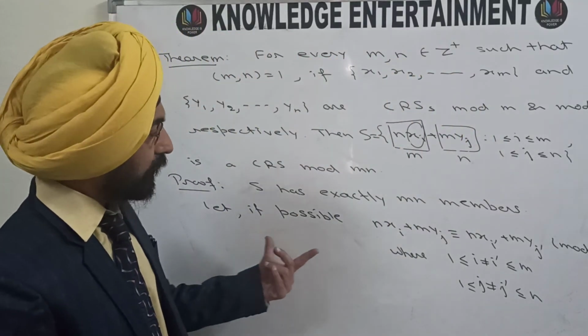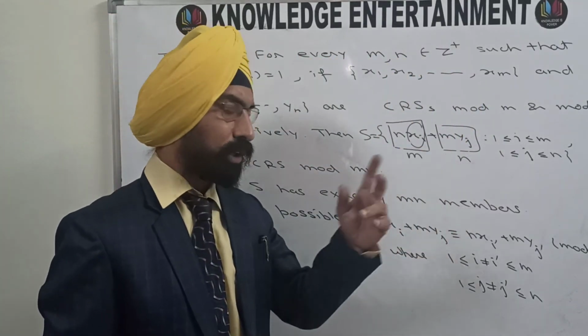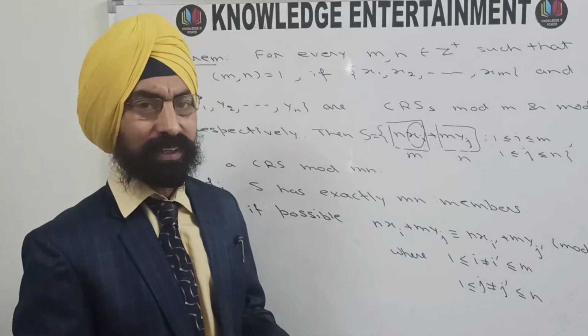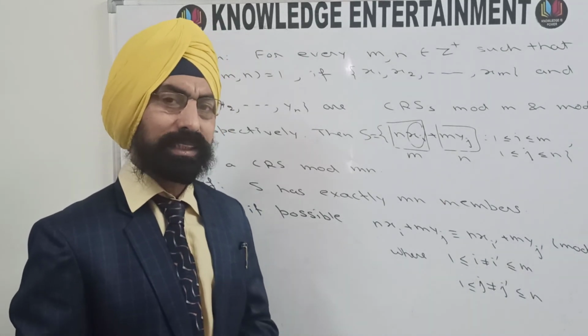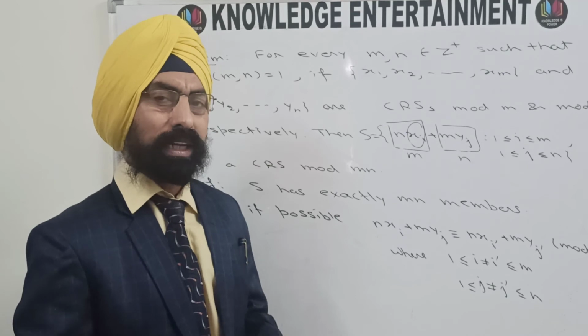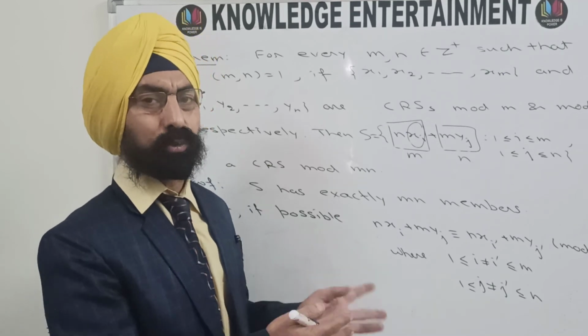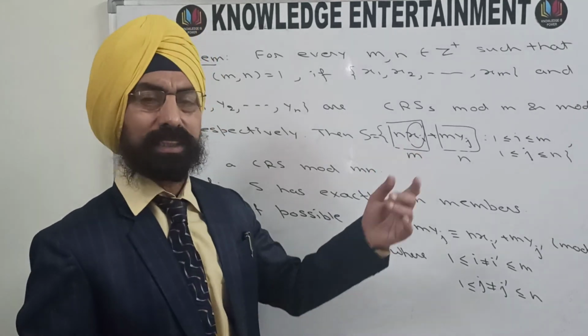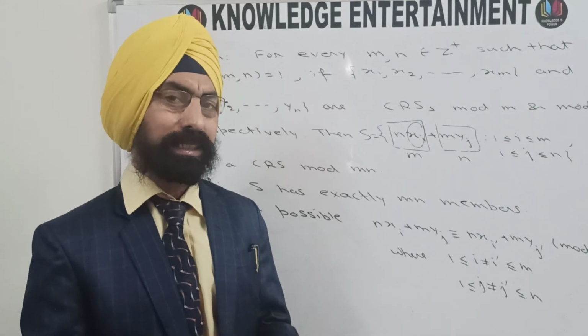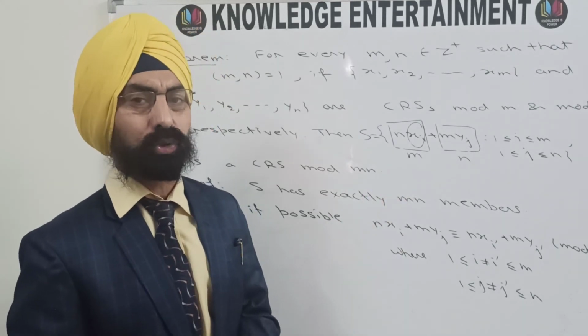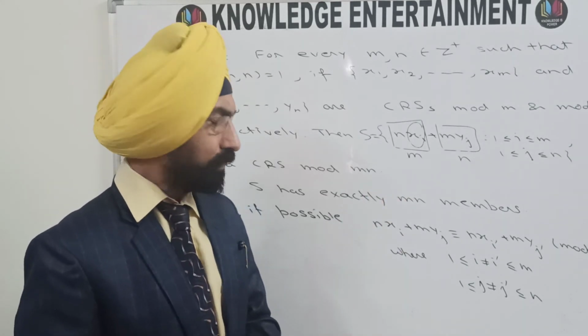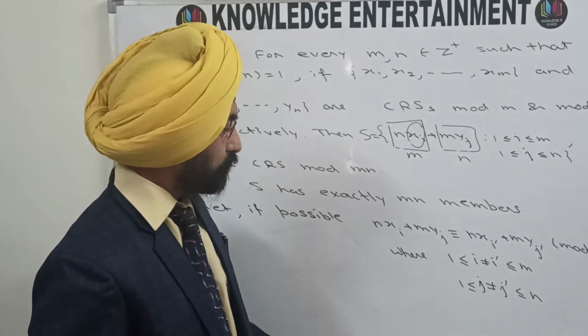So I have supposed that two members of this set are congruent to each other, and I want to arrive at a contradiction to prove that my supposition is wrong. That means no two members of this set S can be congruent to each other, which means S is a complete residue system modulo mn. So how to proceed?